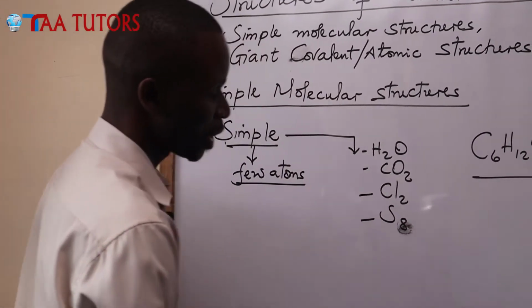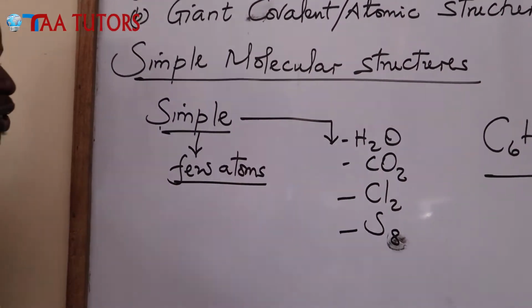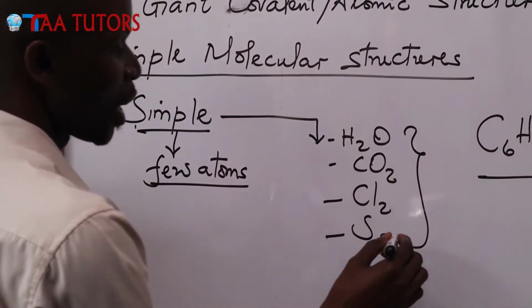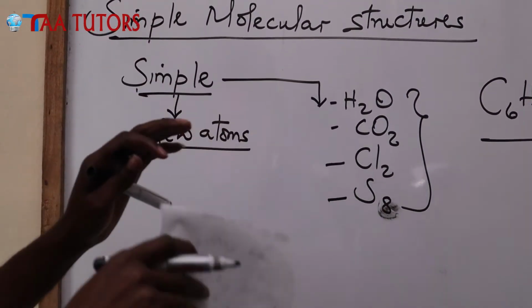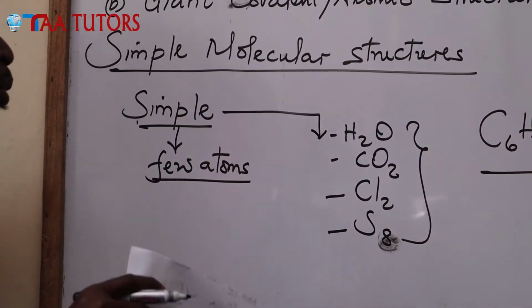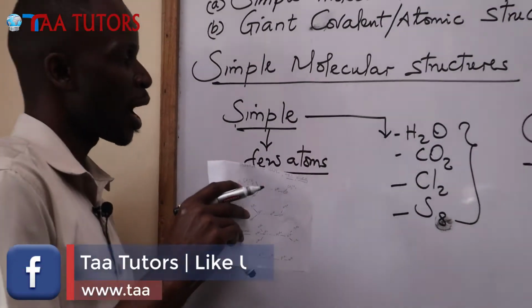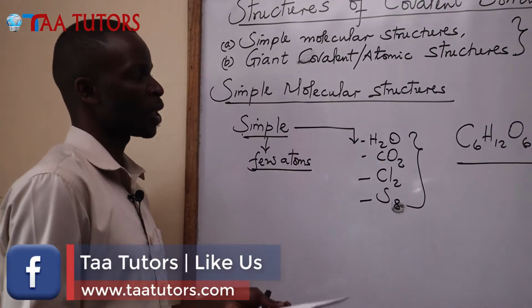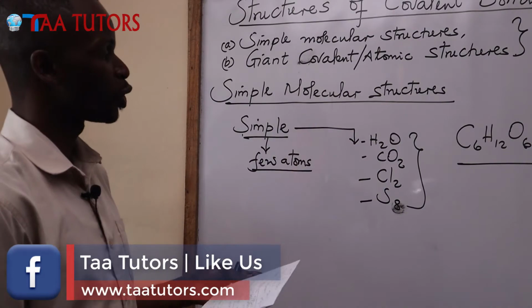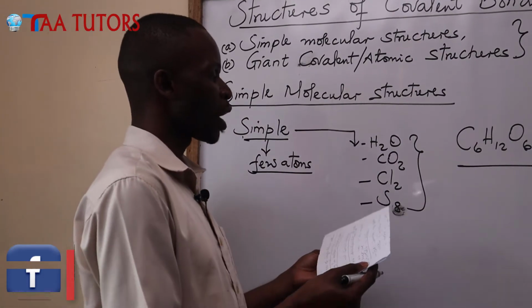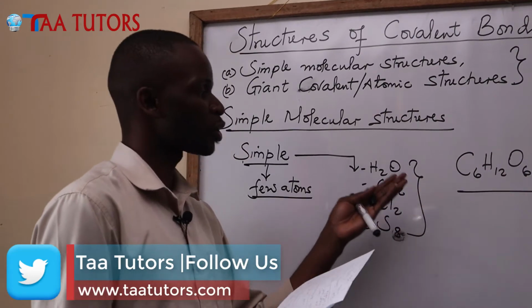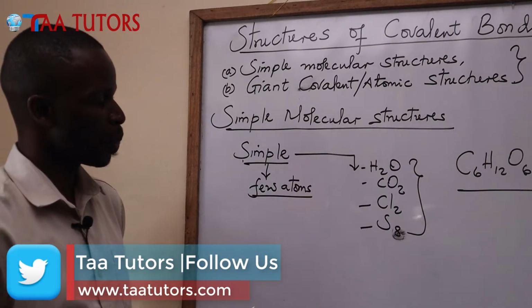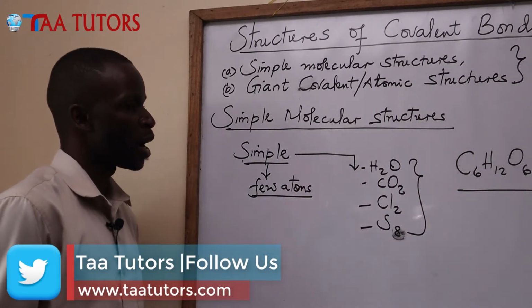It has 8 atoms, so that is still considered a simple molecule. So when you talk about simple molecular structure, we are talking about substances or compounds that have very few atoms in them. It could mean 30 atoms, 20 atoms, 24 like we have seen in sugar. It's still just referred to as simple.